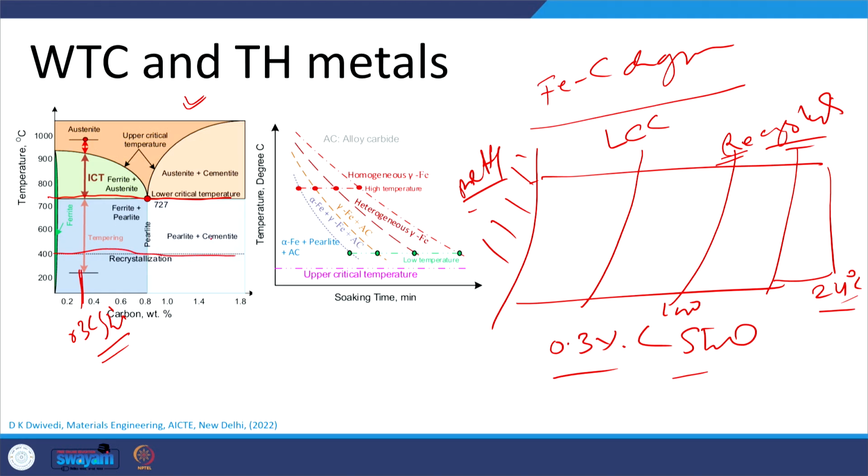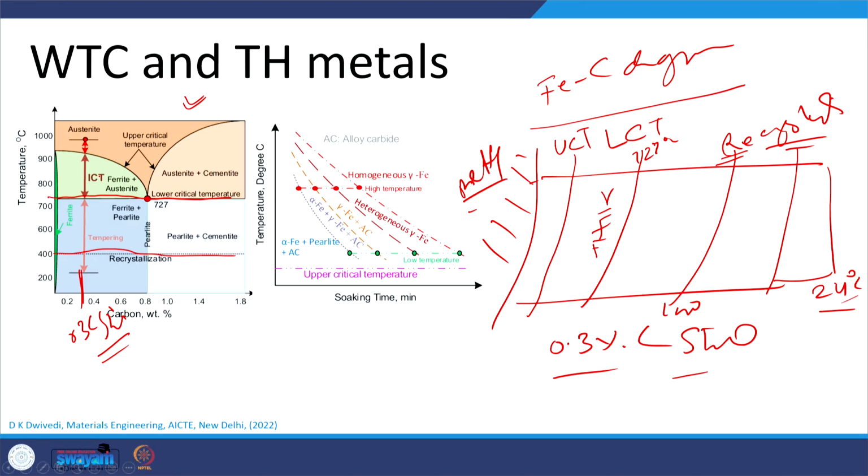All the zones heated above the lower critical temperature experience austenite formation, initially a mixture of ferrite and austenite, and if it is a hypereutectoid steel, then cementite and austenite. If we go to a little higher temperature, above the upper critical temperature, UCT, which is another limit, the lower critical temperature is 727 degrees centigrade.